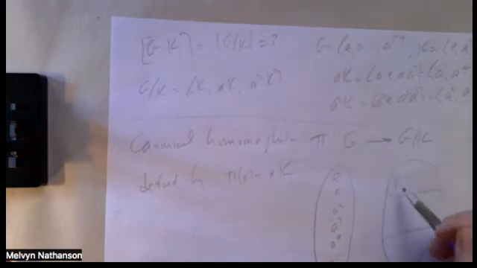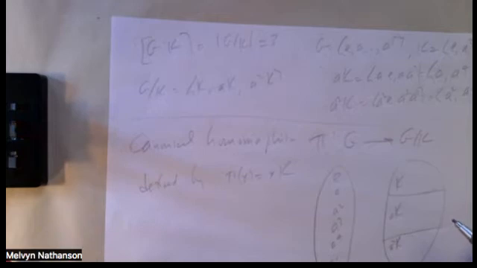Here is G mod K, which consists of these 3 cosets. Pi of E is K. Pi of A is AK.